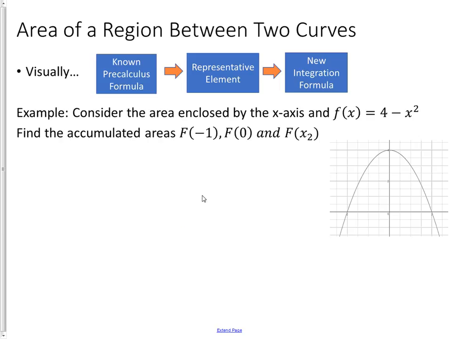Let's consider the area enclosed by the x-axis right here and the curve f of x equals 4 minus x squared. We would want to find the accumulated areas from f of -1, f of 0, and just show the general formula f of x sub 2 right here. Okay, our starting point A has to be -2, right? That's where our curve f of x equals 4 minus x squared meets the axis.